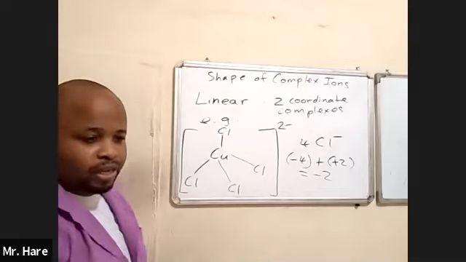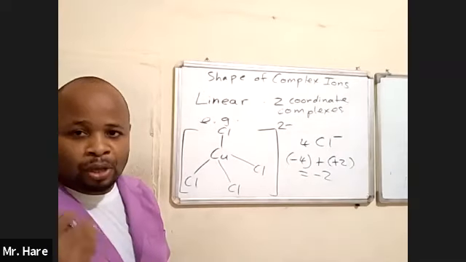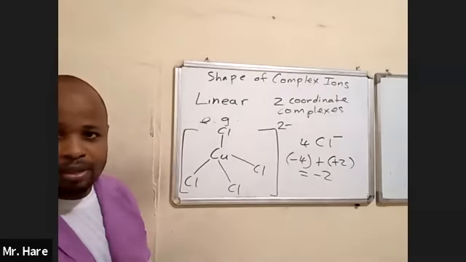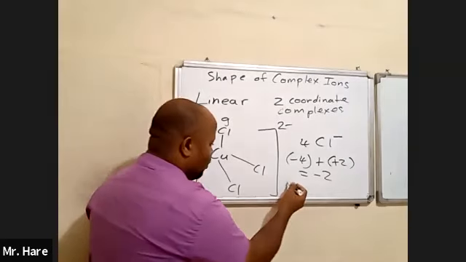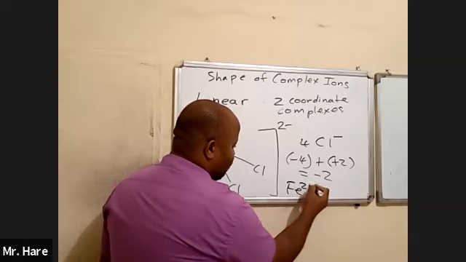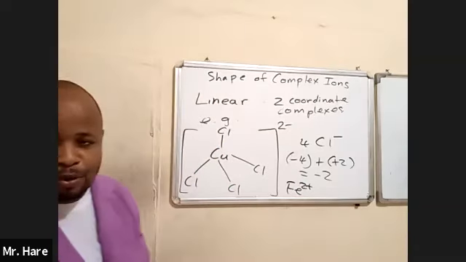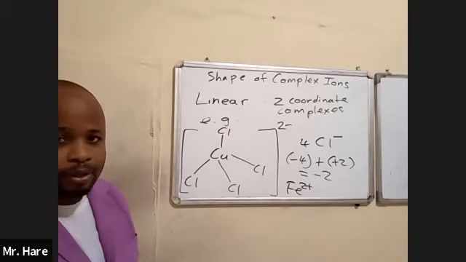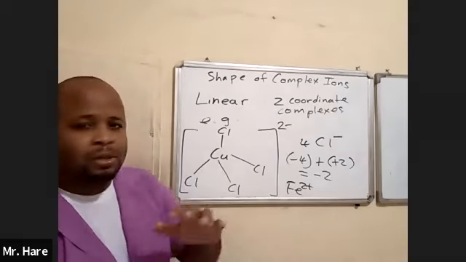With water or ammonia, those are neutral molecules, so they don't carry a charge. When it was with Fe2+, because water is a neutral molecule, the overall charge is just 2+.